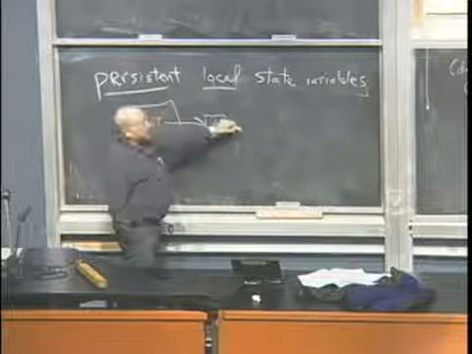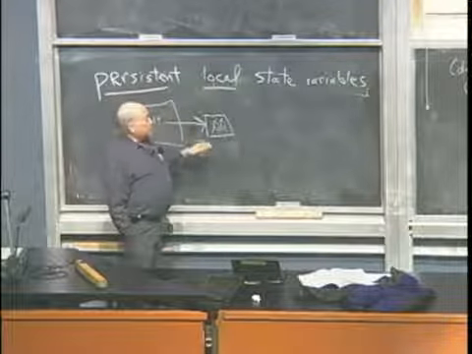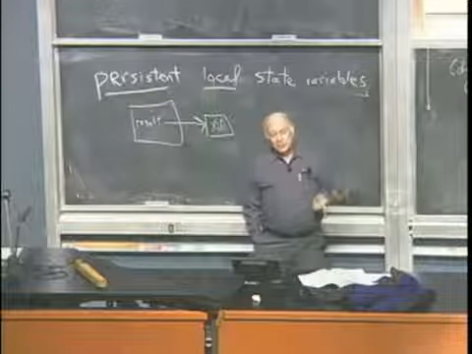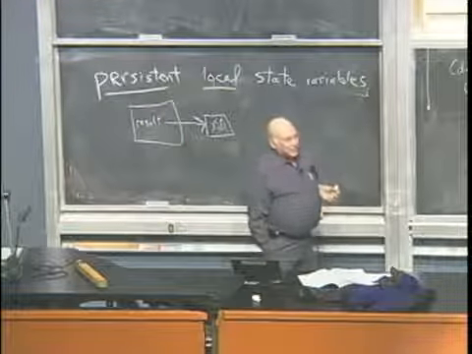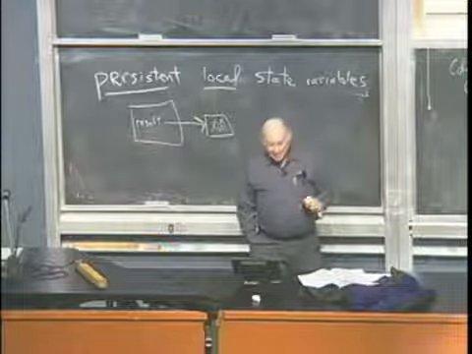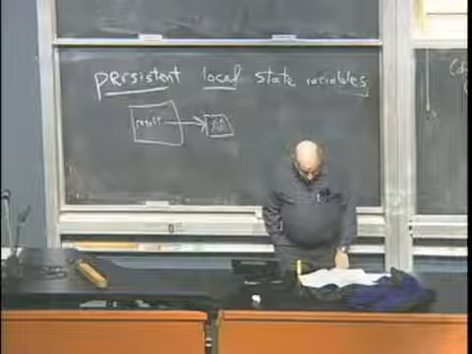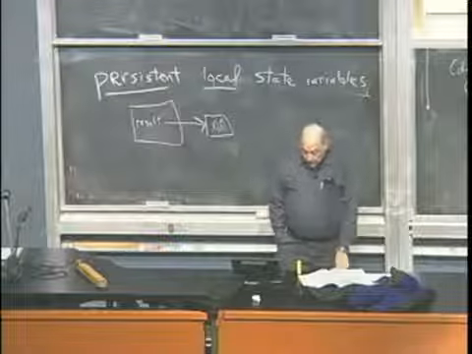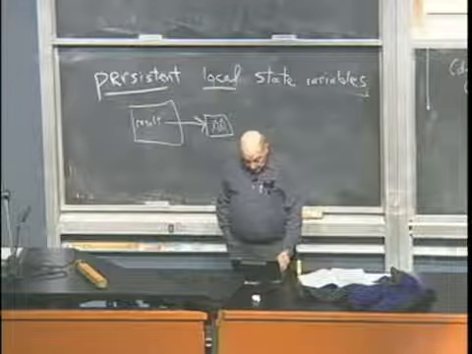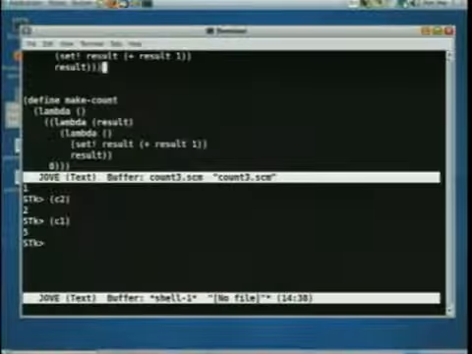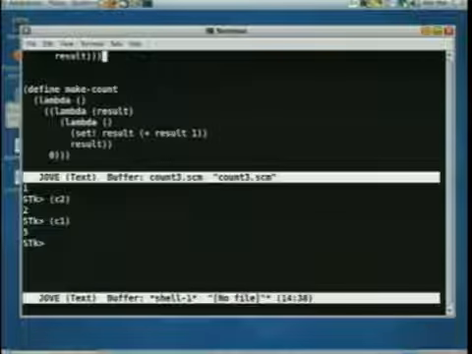But this is a level of complexity that we really don't worry about in this class. It's not going to matter because you're not trying to write a very efficient compiler for the language. Okay, so that's make count. If I move up here and come down a bit, this is make count with all the lambdas made explicit.